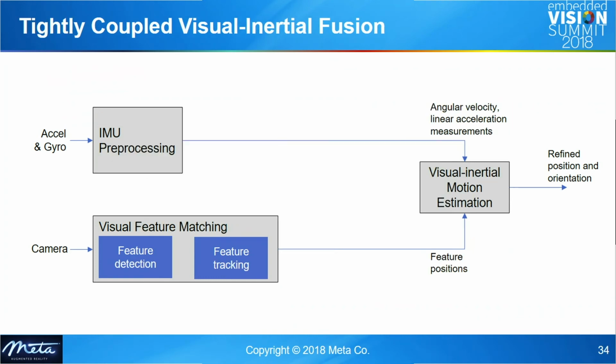Tightly coupled, on the other hand, looks like this at the high level. For the IMU, so for the accelerometer and gyroscope readings, we might do some pre-processing, but typically we just feed the velocity and angular velocity and acceleration measurements to the visual inertial motion estimation as such.